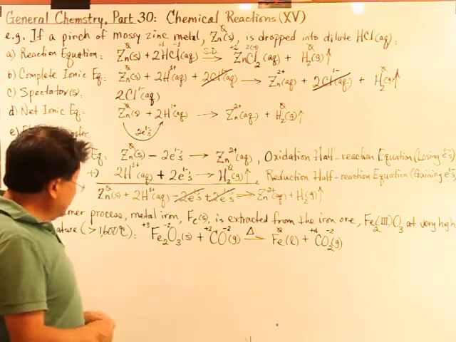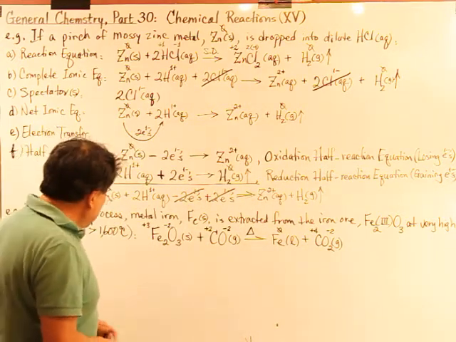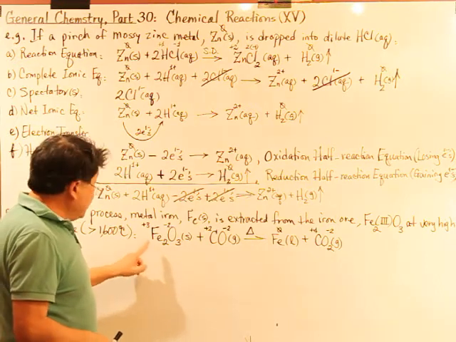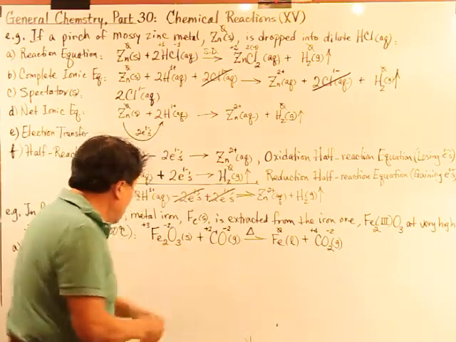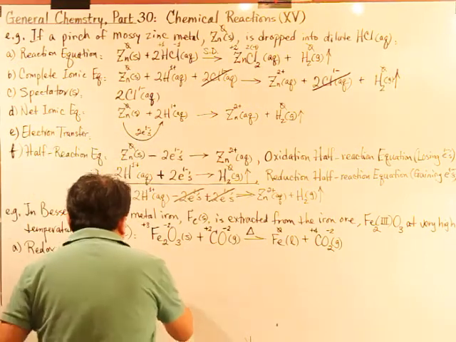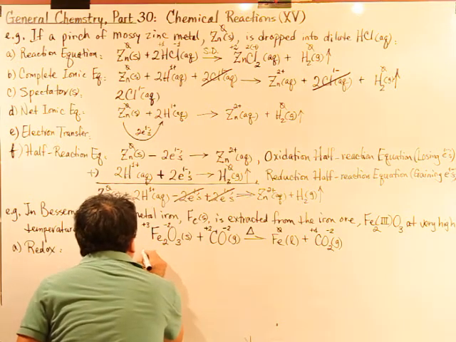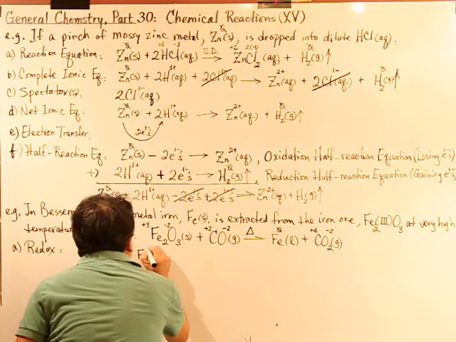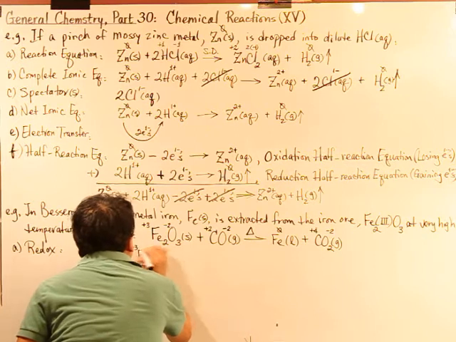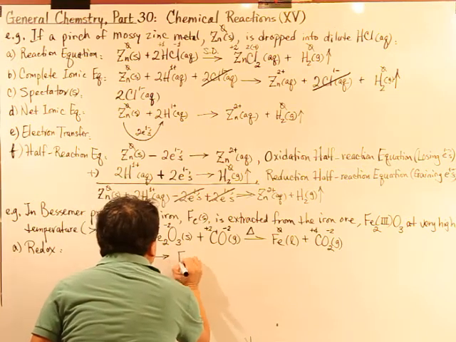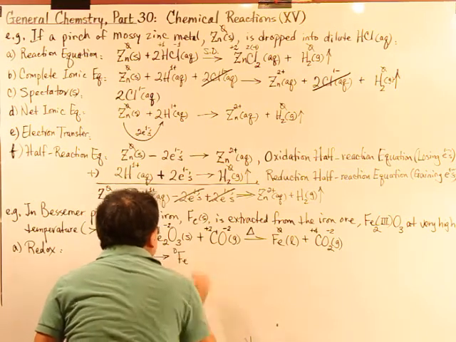So if we understand that, apparently the iron goes from +3 to 0.